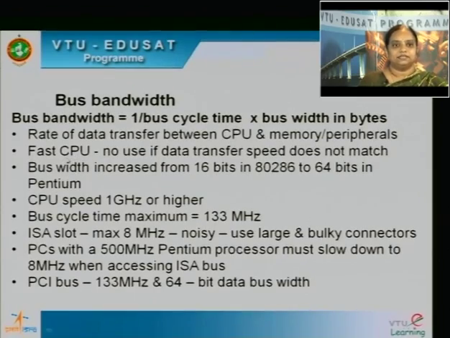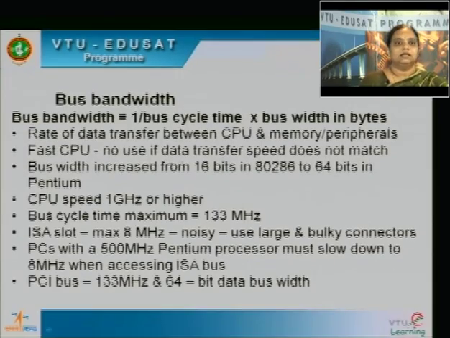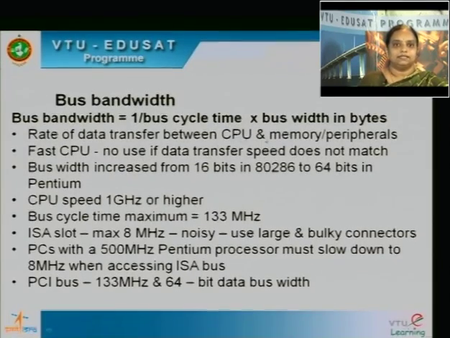If I have a faster CPU and slower memory or slow peripherals, it is of no use, as the CPU requires the data from the memory or peripherals. Only after it gets the data from the memory and peripherals can it process. So if I can have faster data transfer from the memory and peripherals, the CPU's fast clock rate or processing speed will be of much use.